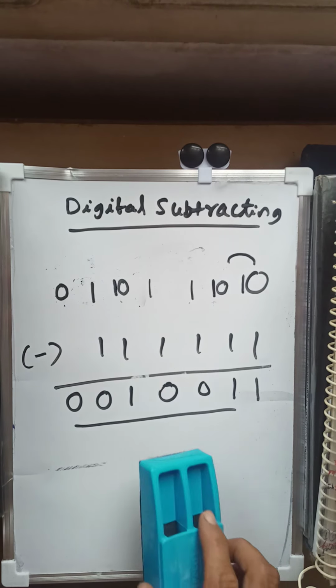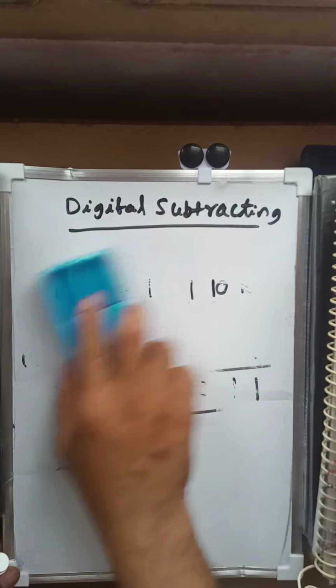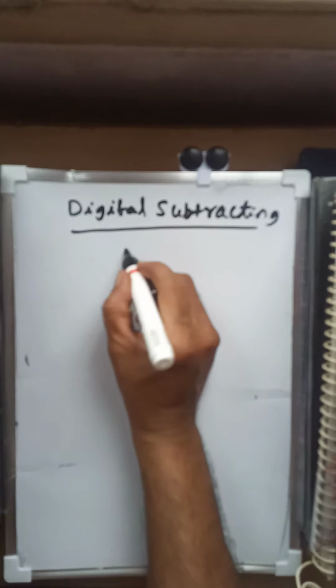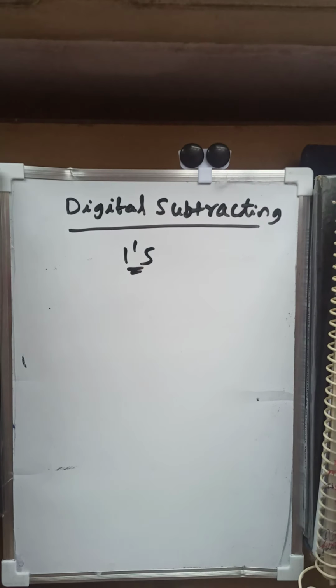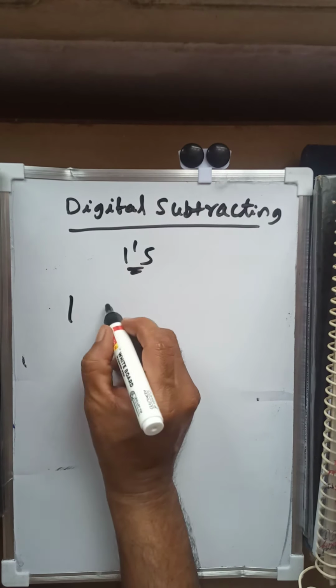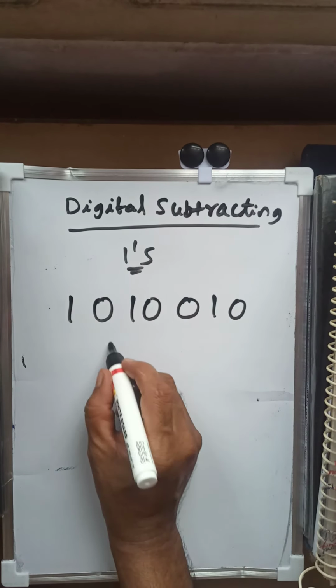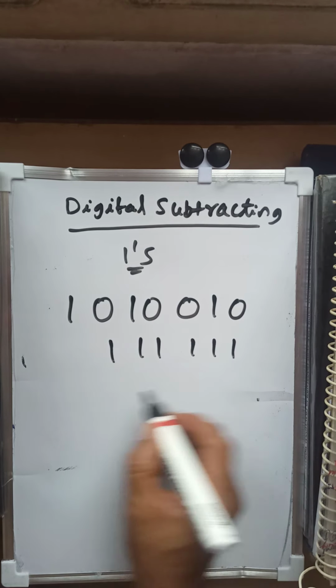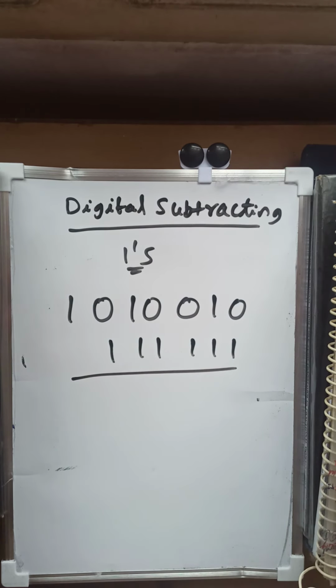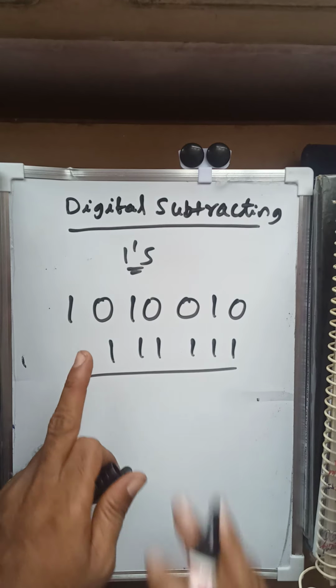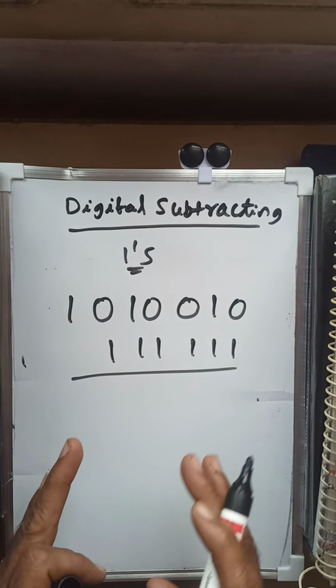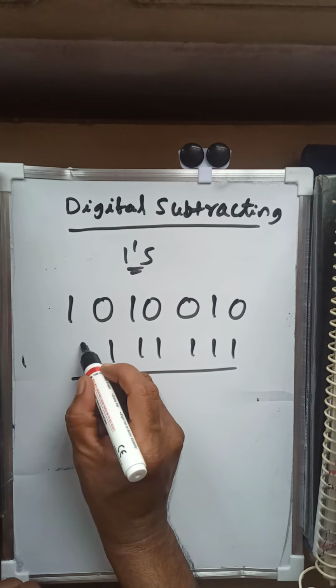Now this can be solved in another way by using 1's complement subtraction. Here the first value is 1 0 1 0 0 1 0, and the second value is like this. While doing the 1's complement subtraction method, all numbers should have the same number of digits, so we need to fill with 0.